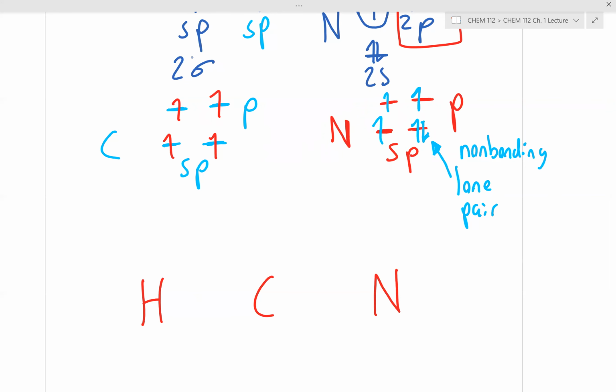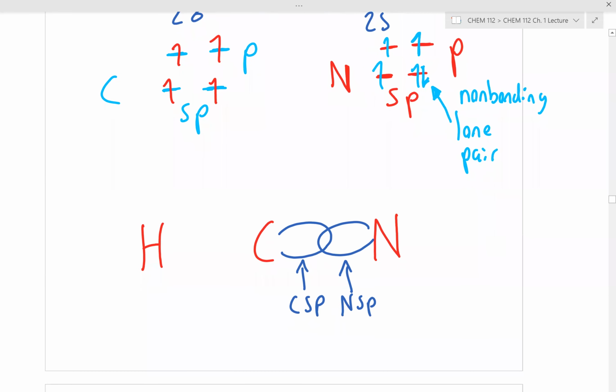Yep, so we're going to use the 2 half-filled sp orbitals. So carbon's going to contribute its sp orbital, and nitrogen will contribute its sp orbital. Written out in full notation, this would be a sigma carbon sp plus nitrogen sp bond.